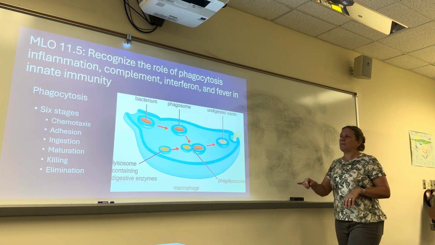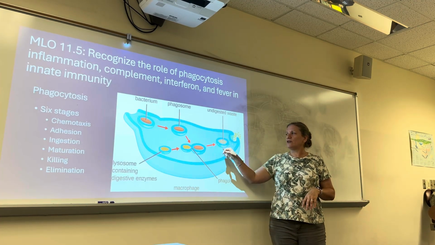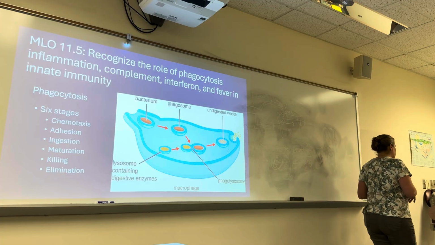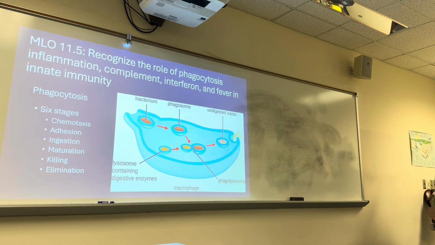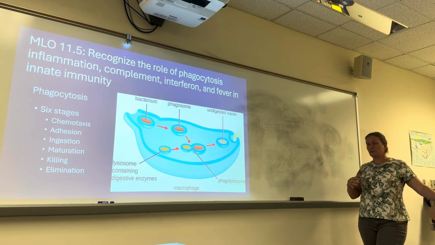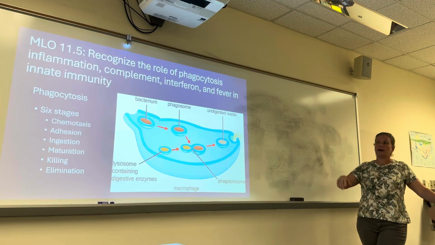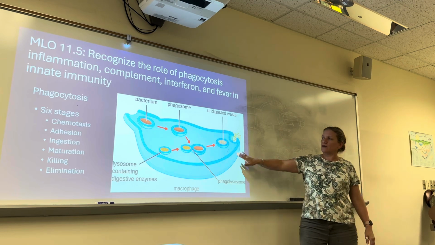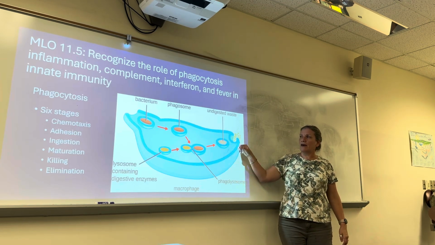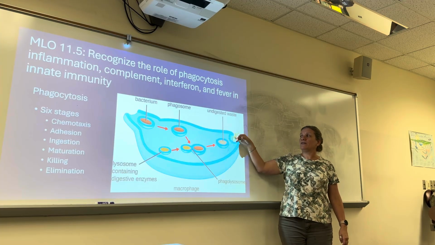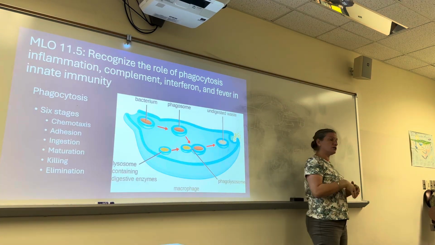But what also happens inside here is we do have some of our major histocompatibility complexes that are important for the response of the acquired immune system that's going to be able to interact with pieces that might have antigenic properties. So when the phagolysosome fuses with the cell membrane, the contents are going to be dispersed into the environment.